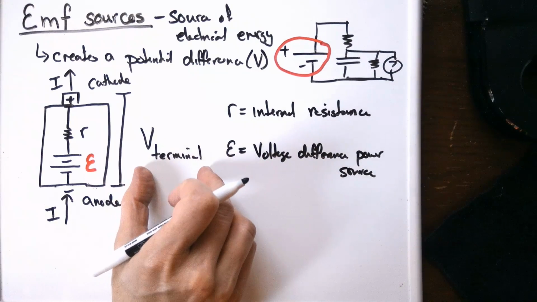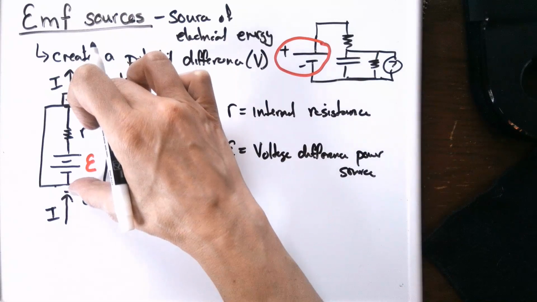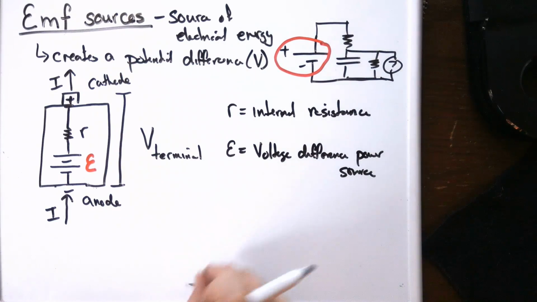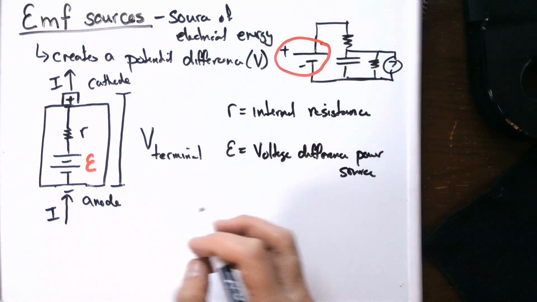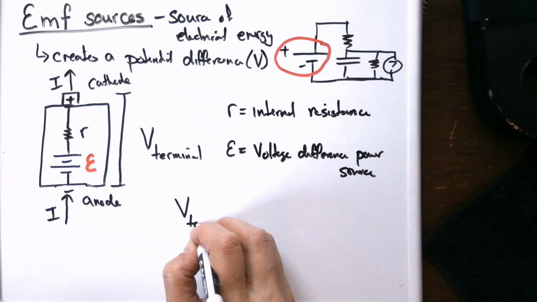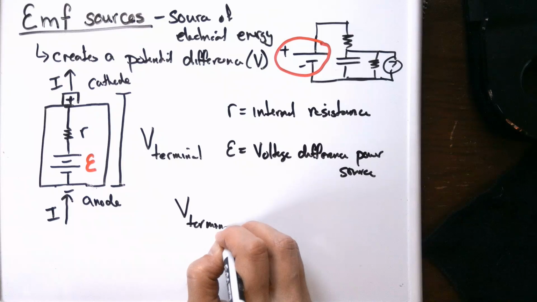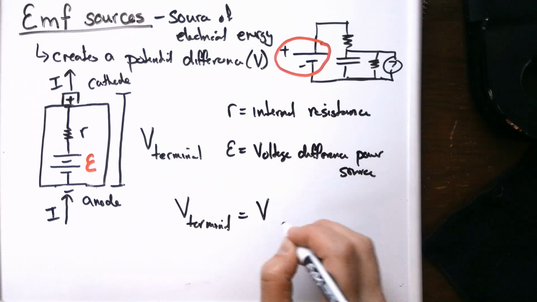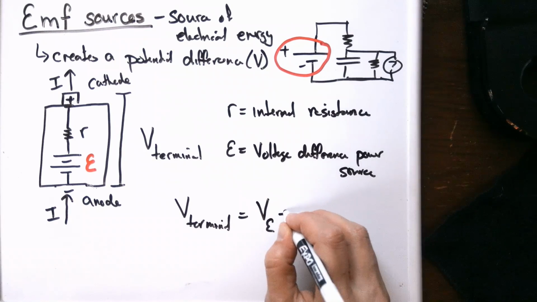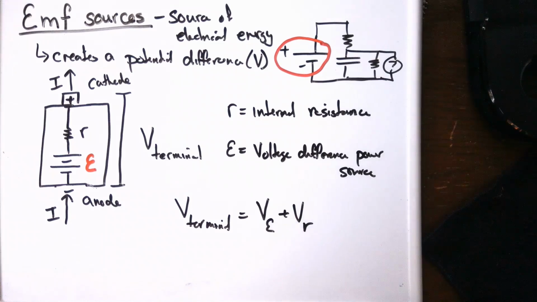So if you want to know what voltage you'll see across the two terminals, that is going to be a sum of what's going on here. It's going to be the voltage across the EMF source itself plus the voltage across this little resistor.